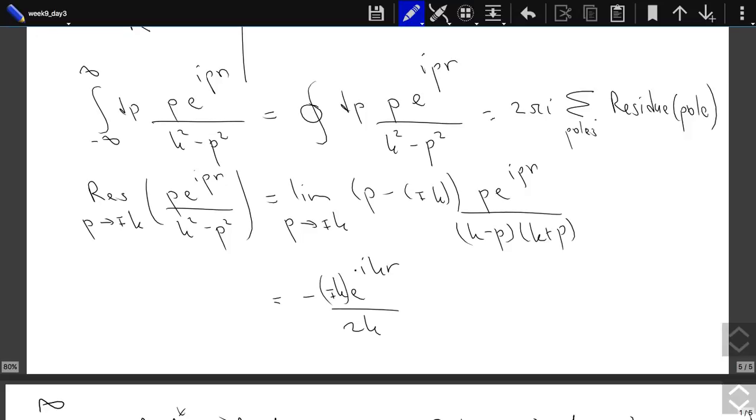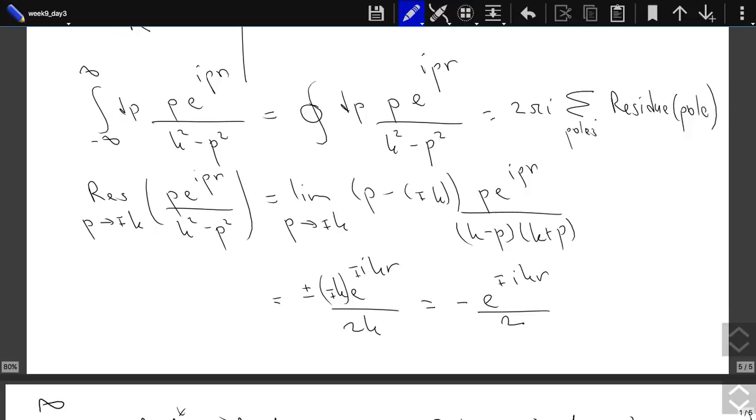But in the upper case we don't have an additional minus. Oh yeah, true. Minus or plus. So for both of them we have a minus e to the power plus or minus i k r over 2. This is the residue I have.